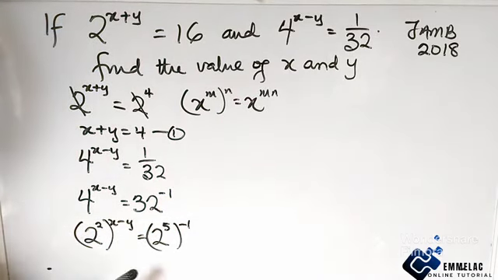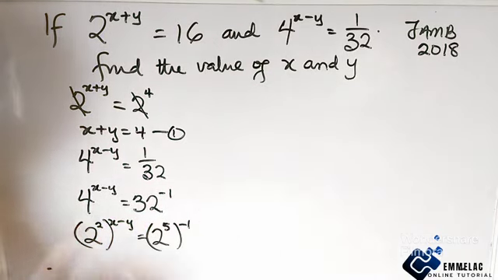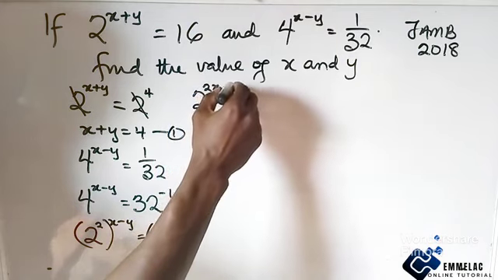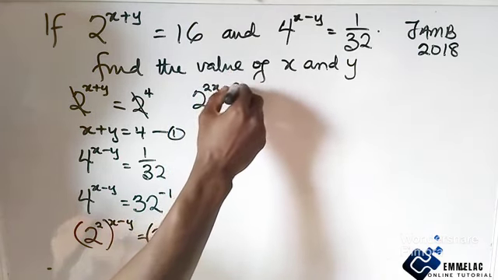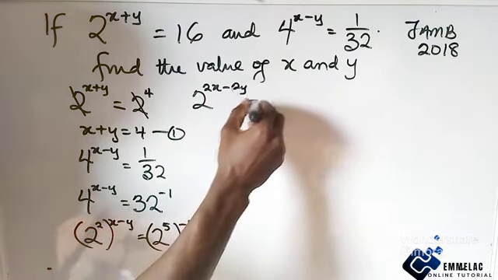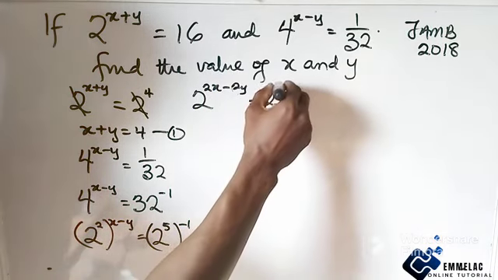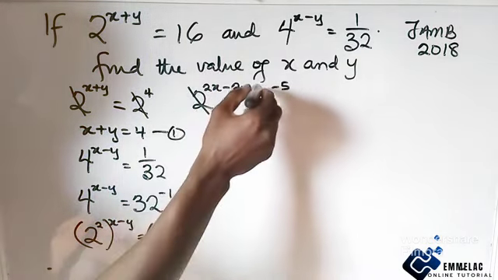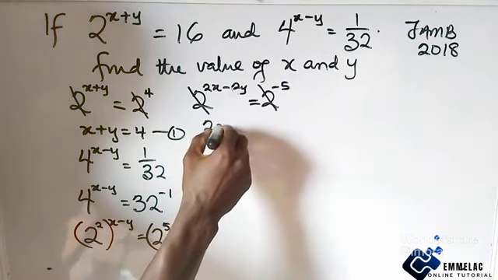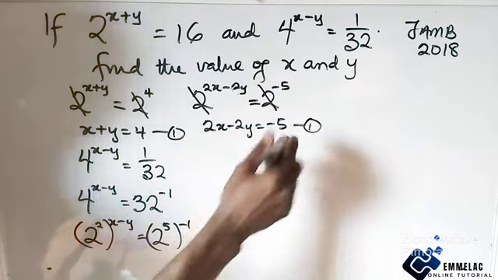Now if you apply that law here and here, you have 2 raised to the power 2x minus 2y, because these two multiply this, so equals 2 raised to the power 5 times minus 1. Here we have minus 5. Now we can cancel out the two bases since they are common. So here you have 2x minus 2y equals minus 5. This is equation 2.